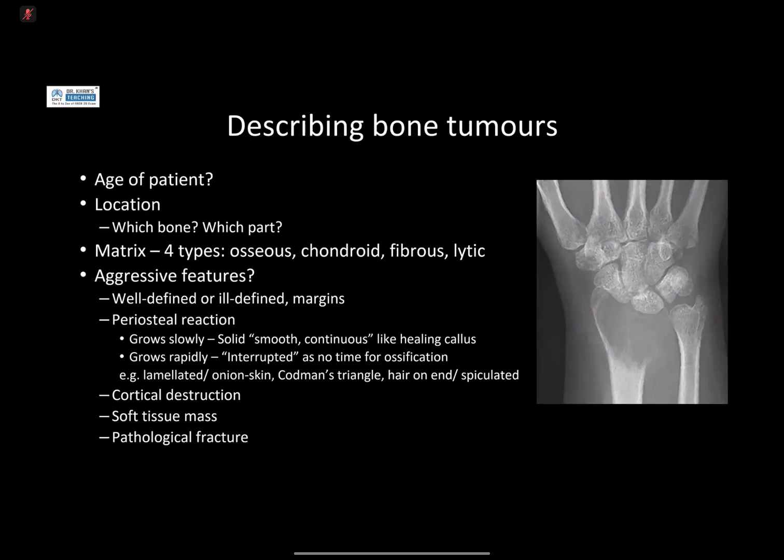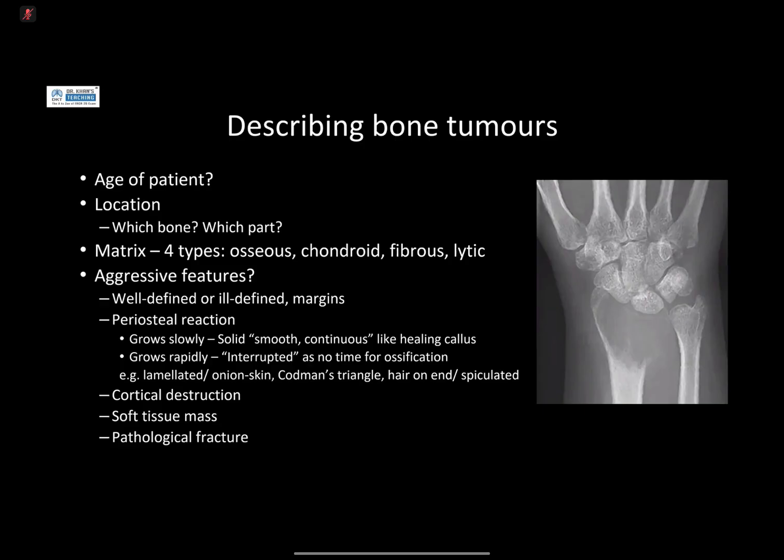And then trying in your mind, when assessing that lesion, to decide whether the lesion is aggressive or non-aggressive. So there are certain things that we can look for, and the first is periosteal reaction. And not all periosteal reaction is aggressive per se.